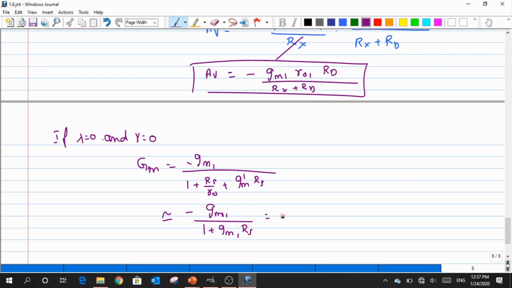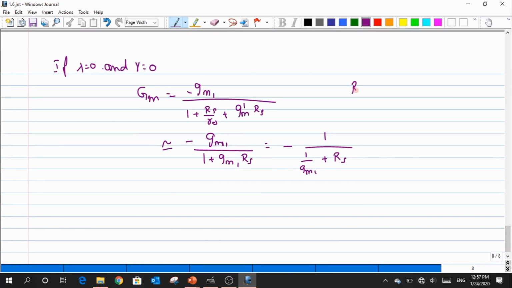So I'm just going to rewrite this entire formula into something manageable. Okay, now let us look at our R out. R out was defined as RD in parallel with the Rx, which is again R0, RS, GM, R0, RS, right?